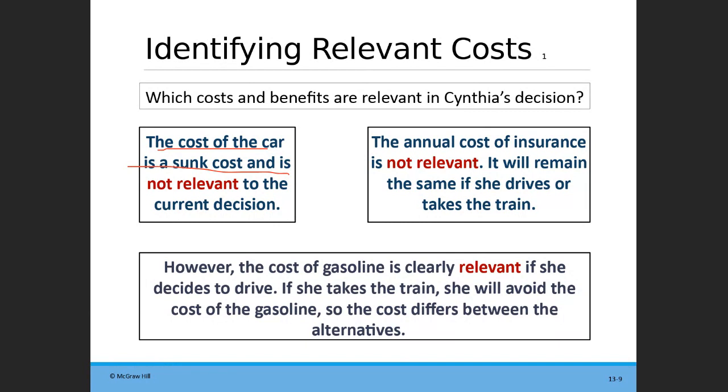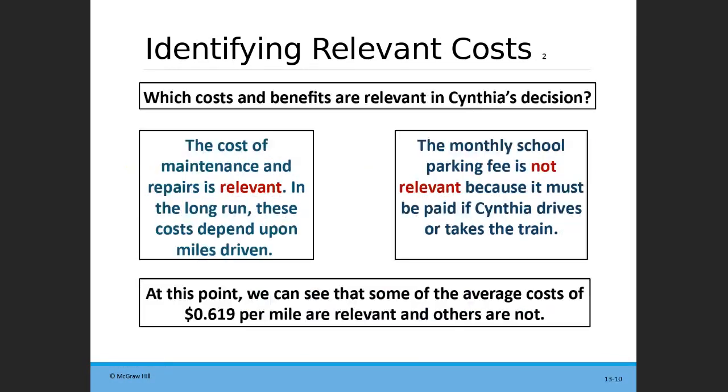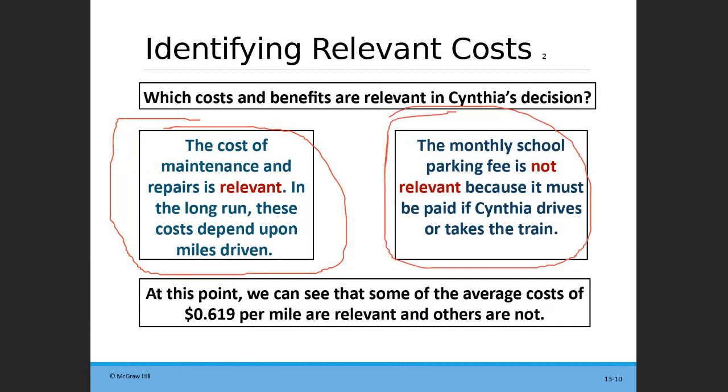Now, gasoline, clearly relevant, right? If you take the train, you avoid the cost of gasoline. So there's a cost, gasoline. Maintenance, the more you run it, the more you have to maintain it. So cost of maintenance, that's relevant. Parking, it's the cost of having your car, but you have to pay it whether you take the train or not, right?